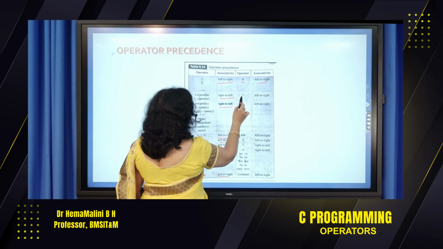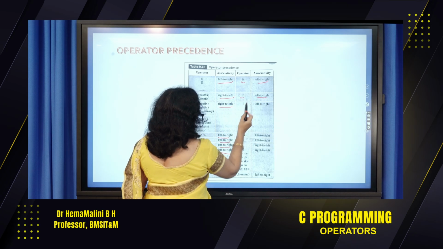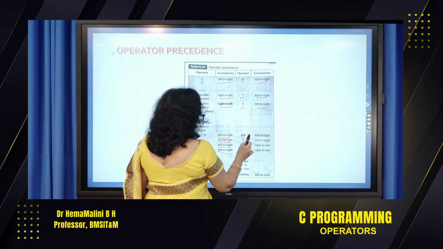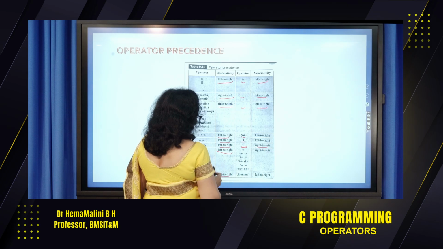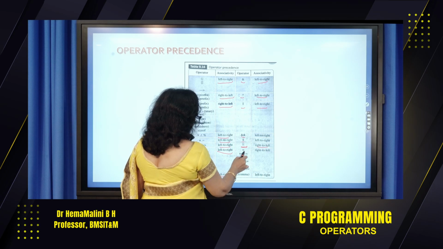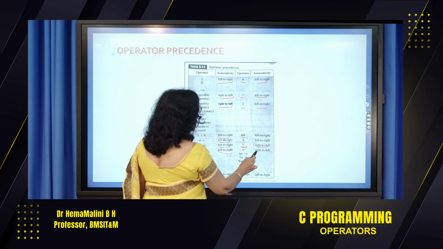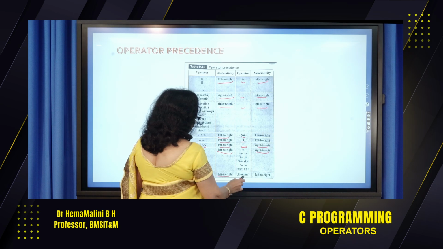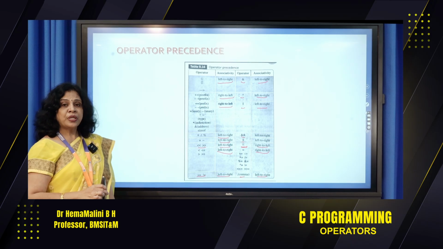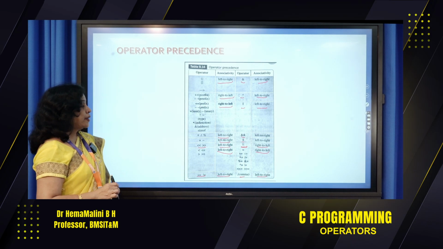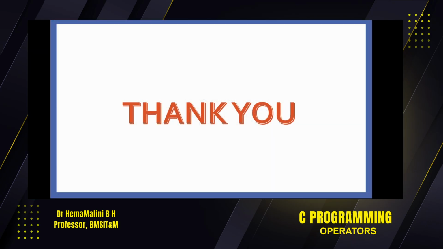Ampersand, left to right. Caret, left to right. Or, left to right. And, or, left to right. Ternary operator, right to left. And all these assignment operators, it is again right to left. Comma operator is left to right. So, this is about the operator precedence. Thank you.